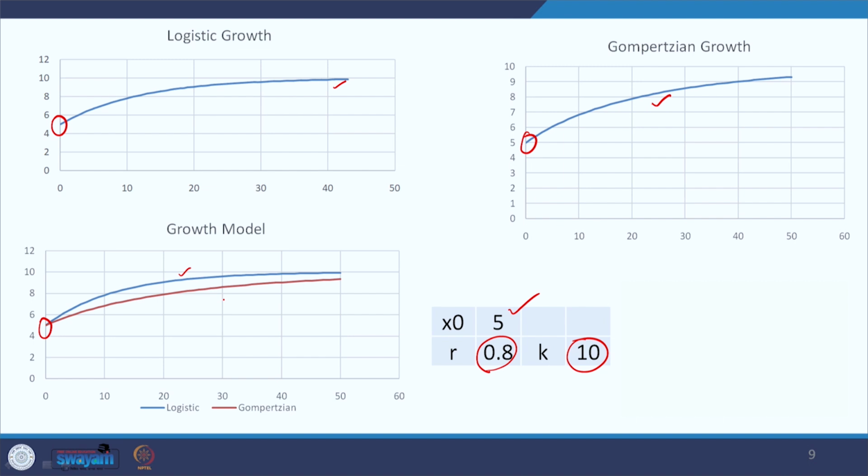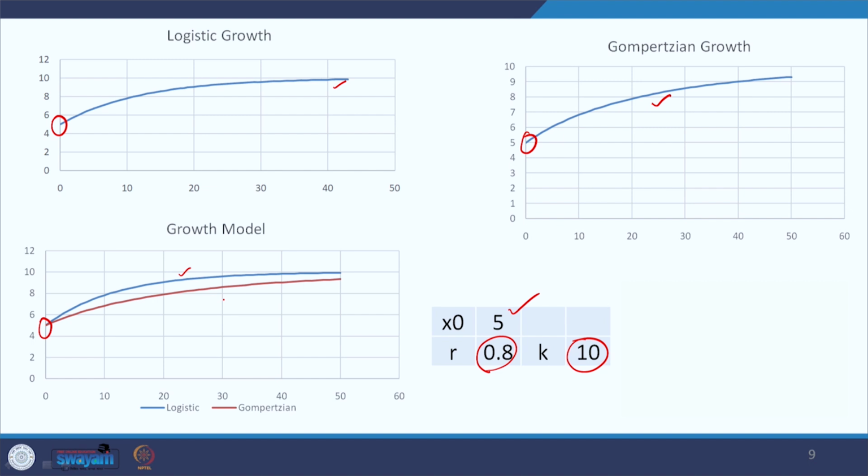So the question is which one to use and which one is better in a particular model. It goes like this: when you model something, whether it is the growth of a population or the growth of a tumor, you will get some data, and from that data you have to choose a particular function.